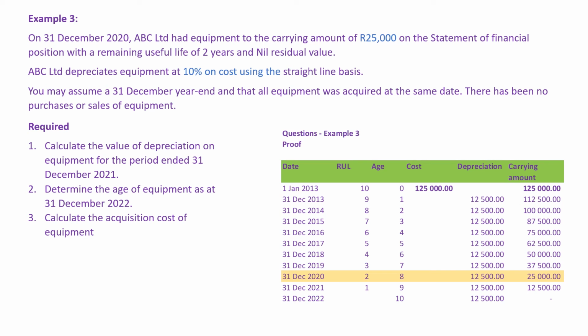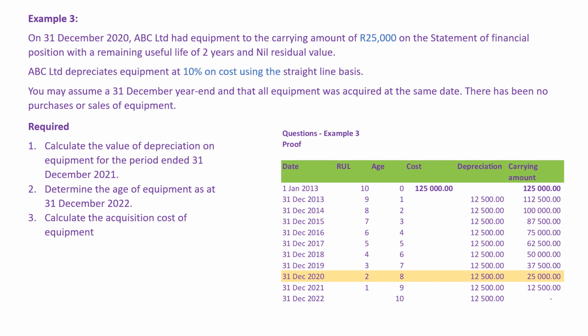In this slide, you can see a proof or an amortization table. So this amortization table basically illustrates to you the data as a whole. As you can see, it has a column for the date, a column for the remaining useful life, and then you have a column for your age, your cost, your depreciation, and your carrying amount.